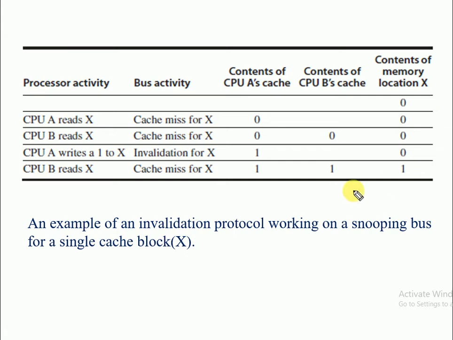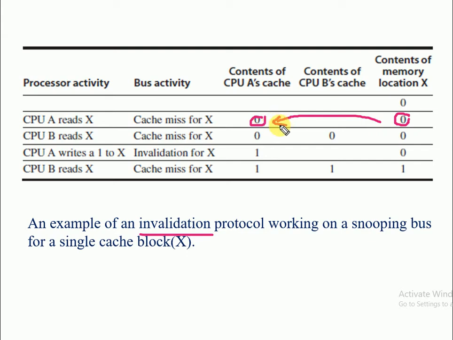So here you can see an example of write invalidation. Okay, so first, CPU A reads X. It is not in the cache, a miss. So this is the bus activity. Initially the content of memory is 0. CPU A reads X. It is not in the cache. Now memory consists of 0 and it will be moved to the cache also.